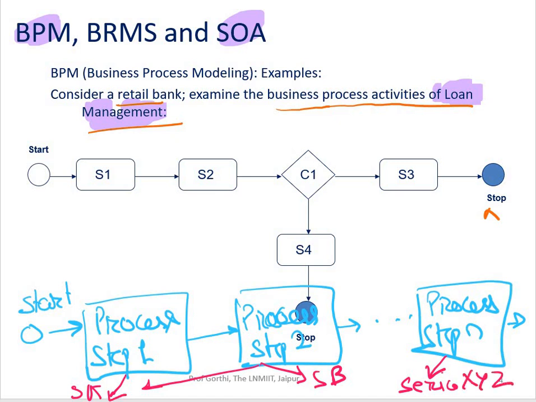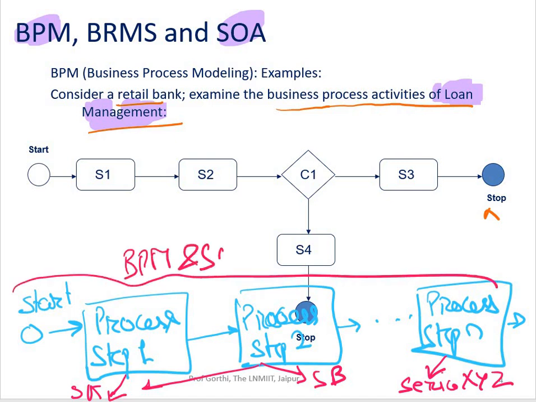In this case, we have BPM and service oriented architecture. What exactly the architecture is, we'll talk about separately in the next few slides. Just assume that architecture is nothing but a high level design of the application to be built.